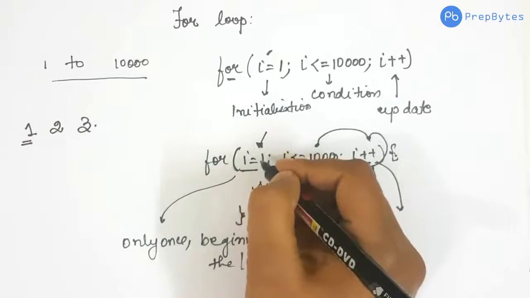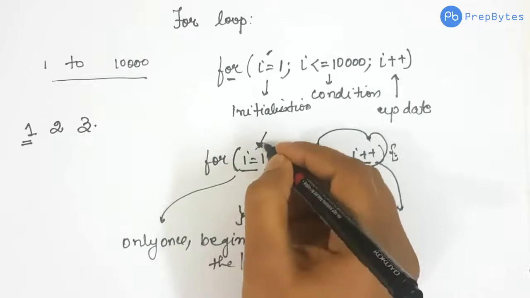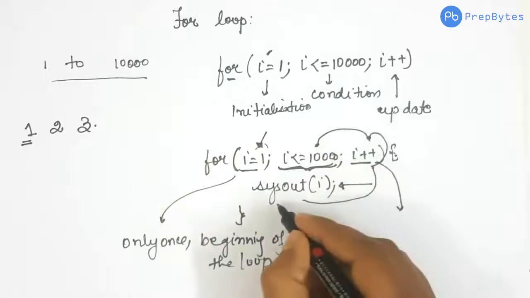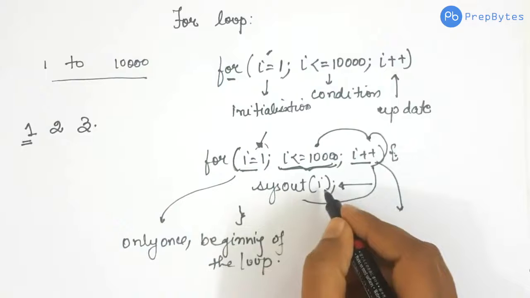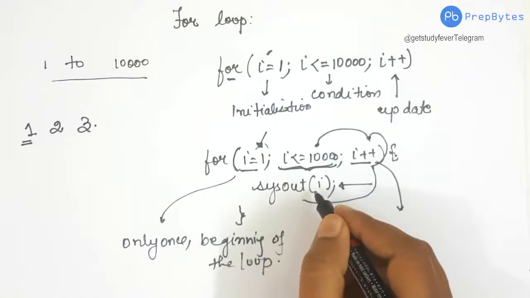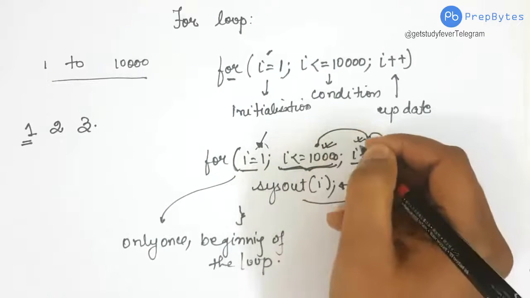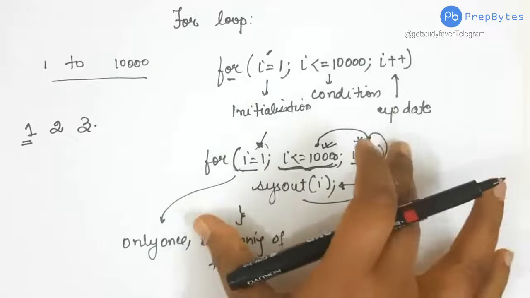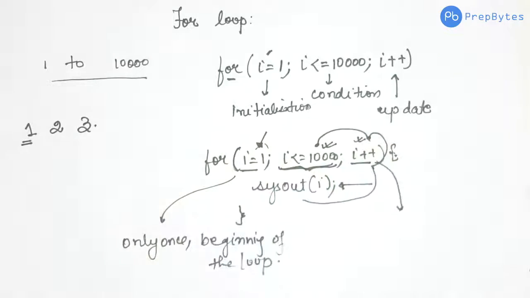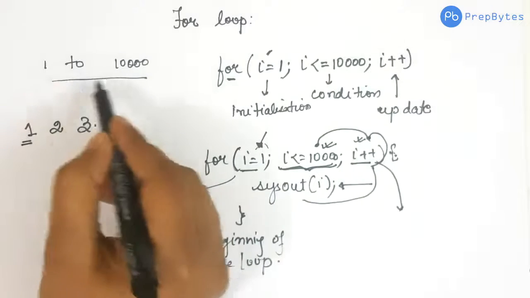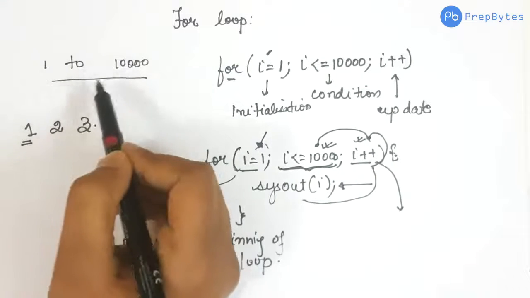I'm repeating, the initialization is done only once, and then for every iteration of the loop, the update keeps on happening and the condition keeps on getting checked. So this is how we solved the problem of printing numbers from 1 to 10,000.